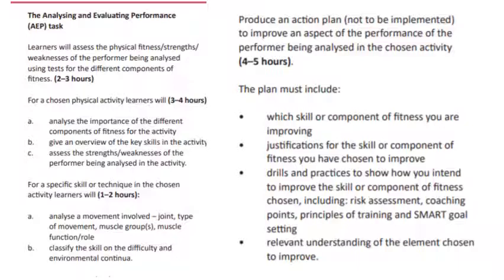Okay, so moving on to the next part here, the plan must include an action plan to improve an aspect of the performance of the performer by analysing the chosen activity. So at this point we need to pick what skill we're going to improve.